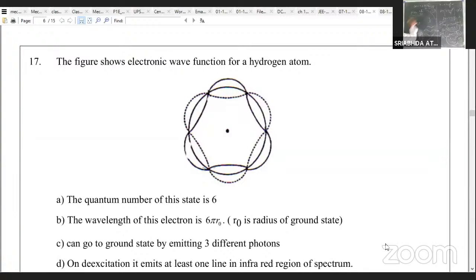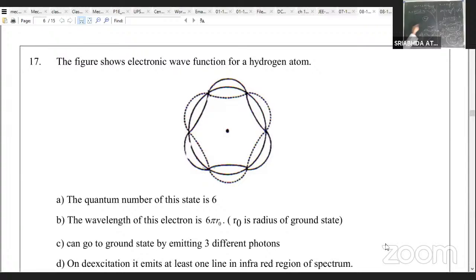Listen everyone, suppose r in ground state is 0.53 n squared by Z, so suppose this is r naught in ground state. But if I talk about n equals 3, what will it be?